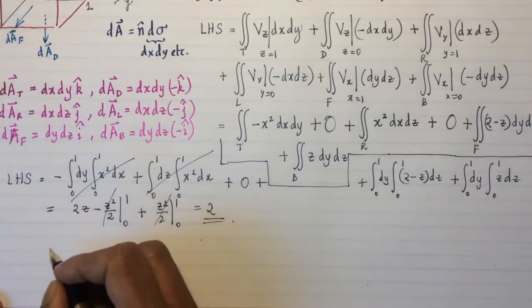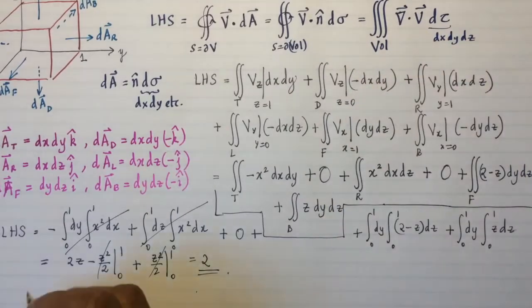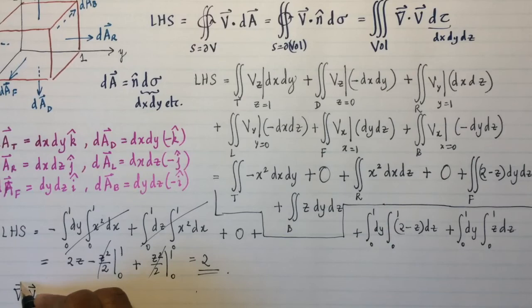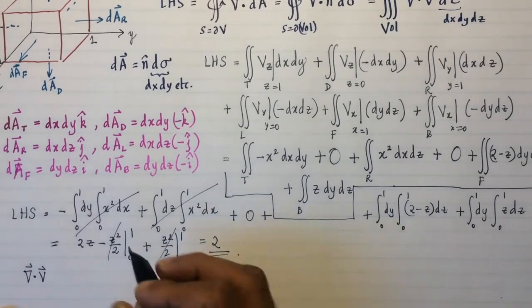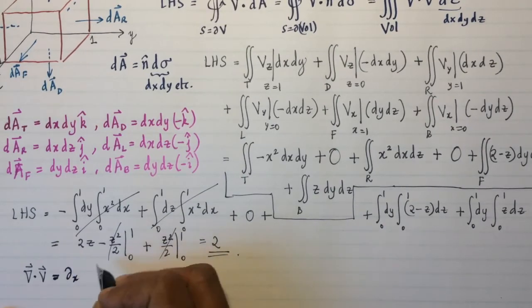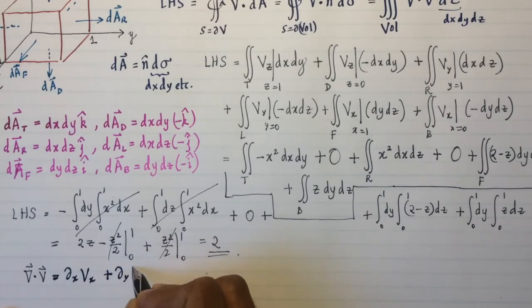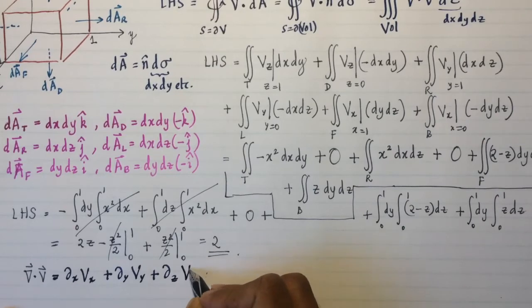For the right-hand side, we have to calculate the divergence of the vector field. So let me write what that is. The divergence of the vector field, by definition, is just the partial derivative of the x component plus the partial derivative of the y component plus the partial derivative with respect to z of the z component.